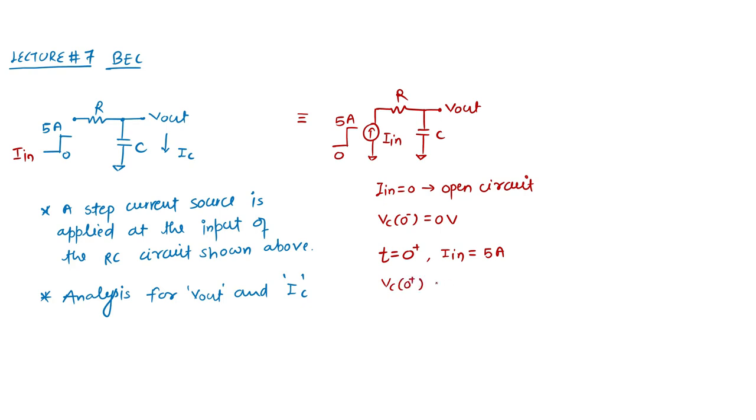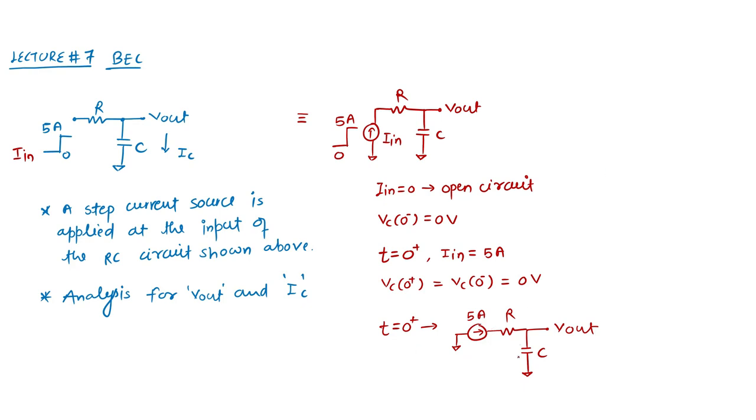So we have to figure out VC(0+). VC(0+) is nothing but VC(0-), because the capacitor will hold its value, which is 0 volt. After that, the capacitor has a constant current source at t equal to 0 positive. We can also consider this circuit as RC with Vout. A constant current of 5 ampere is applied to my circuit.